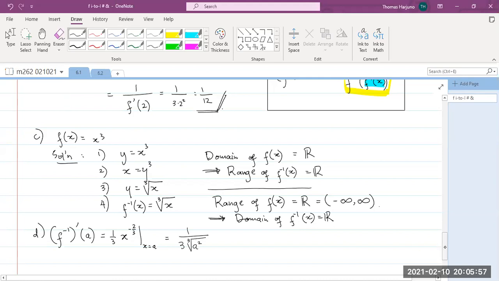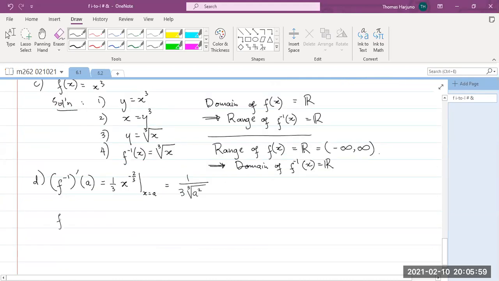Now my A is 8. So this is 1/3 times the cube root of 8 squared. That's 1/3 times the cube root of 64. That's 1/3 times 4, which is 1/12. Now you see that it matches with what we have in part B.